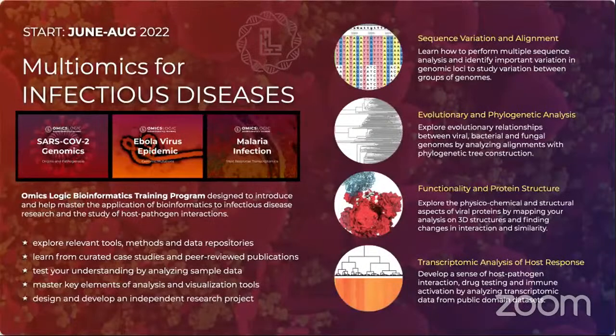We will also extend this analysis to understand the functionality and the 3D structure of the protein, how a protein structure can be related to its function, and why it is important in the context of pathogen infectious diseases and pathogen entry into the host.